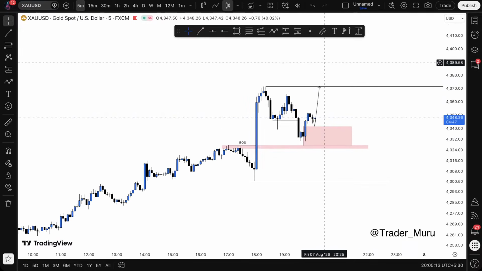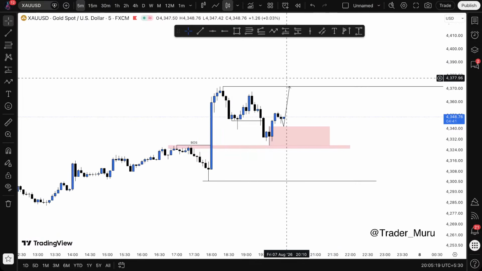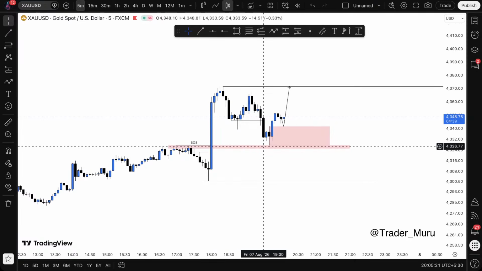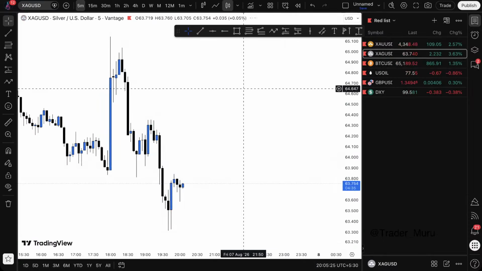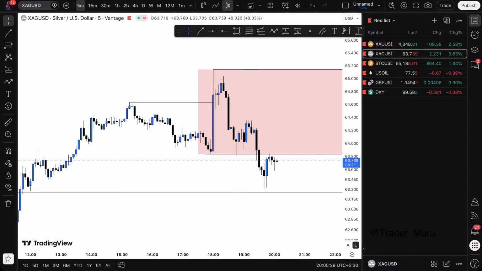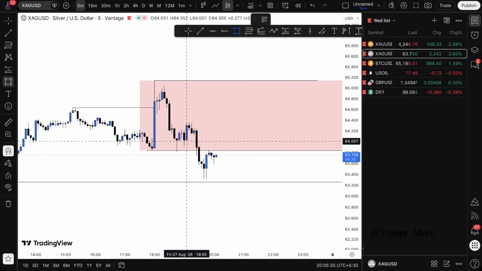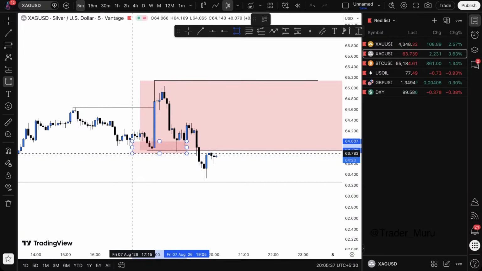I will wait for my short entry, sweep and test of 4380. Now a 4380 sweep is possible. Okay.